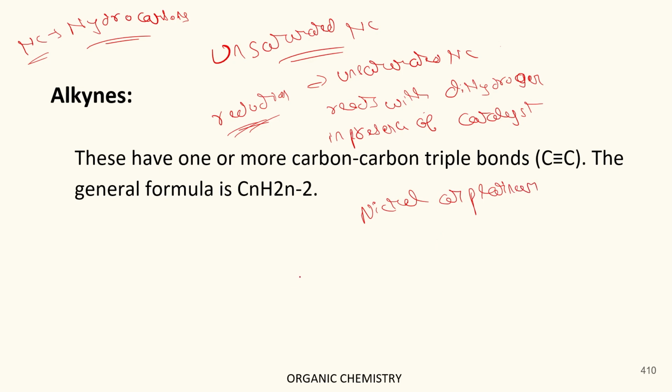Okay, so this is an example of a reduction reaction of unsaturated hydrocarbon, in which the unsaturated hydrocarbon reacts with dihydrogen in the presence of a catalyst like nickel or platinum.